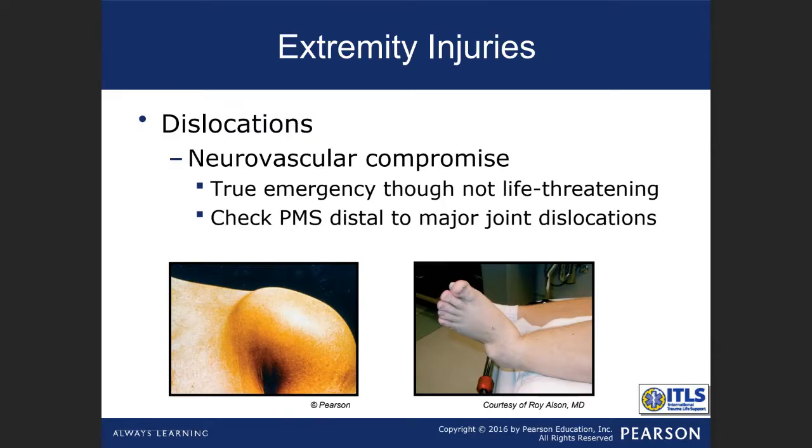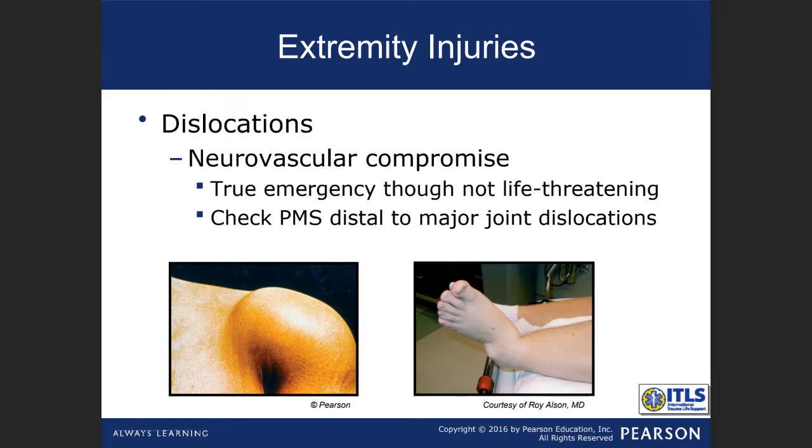Now, when the bones that come together within a joint exceed the range of motion, it can result in one of the bones being displaced from its normal anatomic position. This is what is referred to as a dislocation.